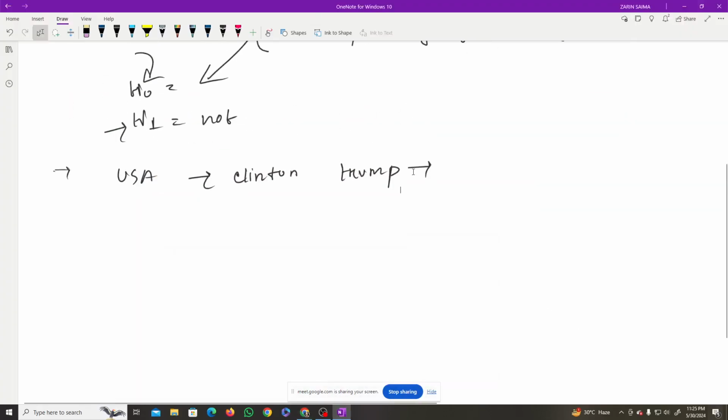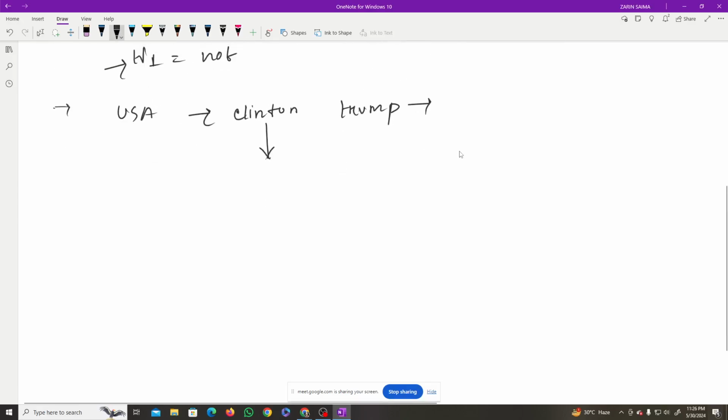Yes, this is a casual statement. You know why? Because we have no data for this part. We have never seen Clinton as the president, right?